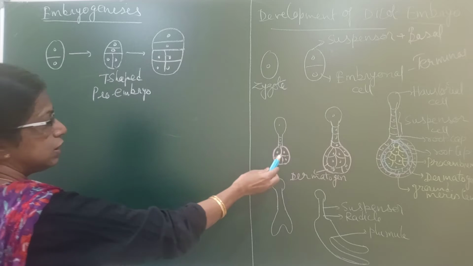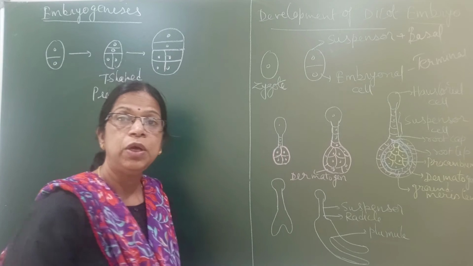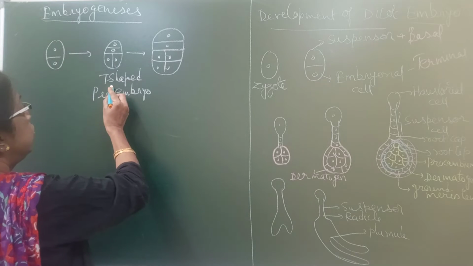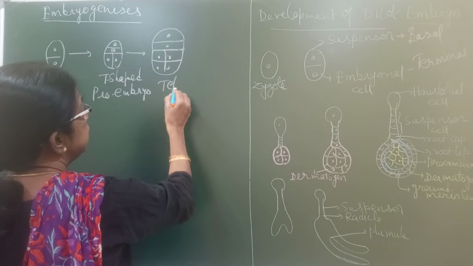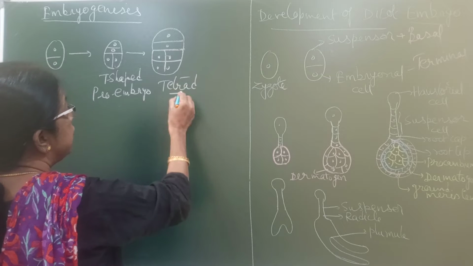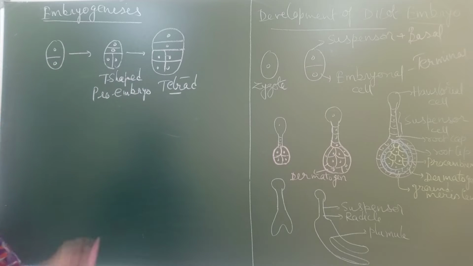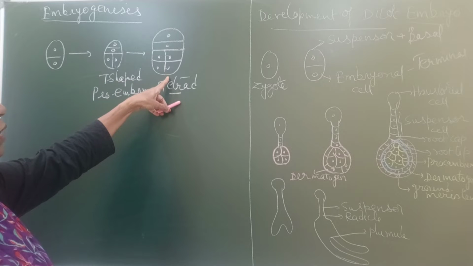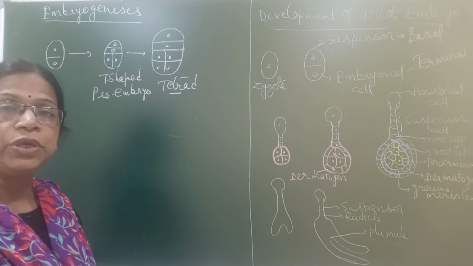That is what we have shown in this diagram. What is this stage of proembryo called? This is called the tetrad stage. The second one is called the dyad stage, the 2-celled stage. The next one is called the tetrad stage.